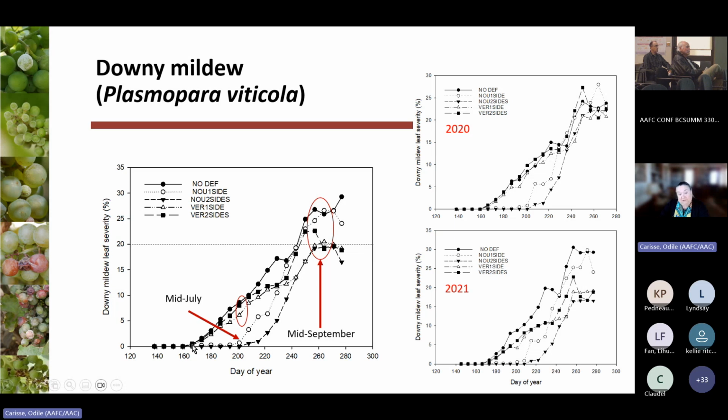Which is extremely important in terms of downy mildew, because the berries become resistant to the disease. So that was a very good plus, even if the disease catches up later on in the season. Here, that's the 2 years combined together, and we got pretty much the same results for 2020 and 21.